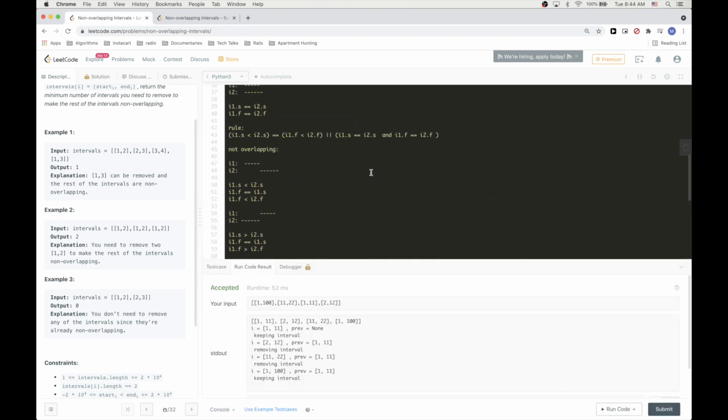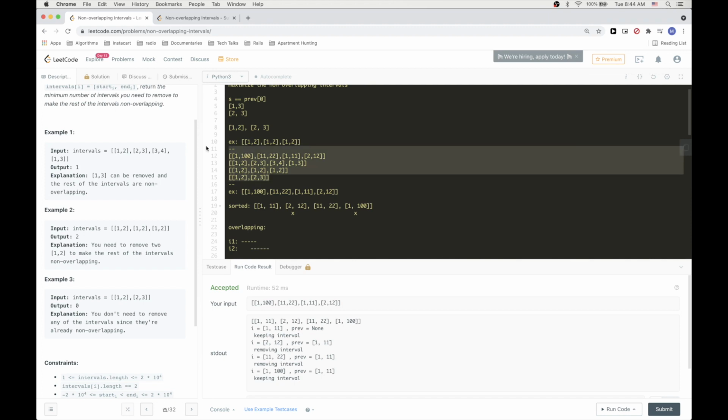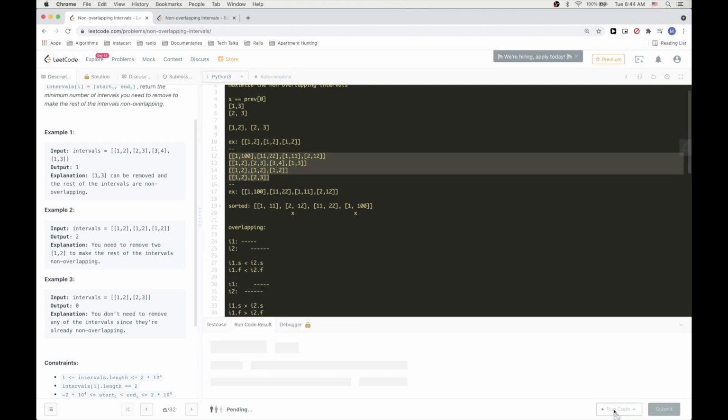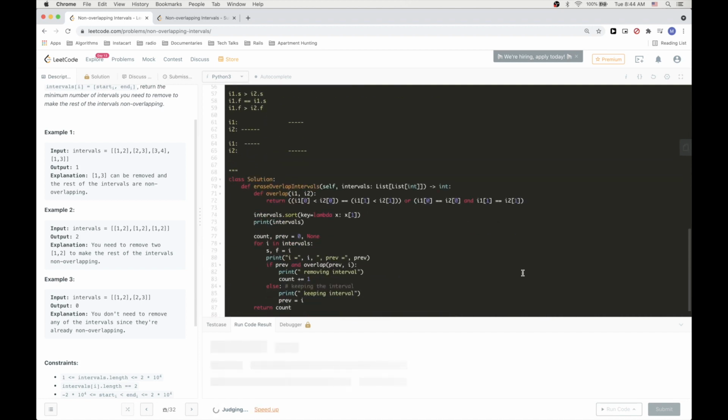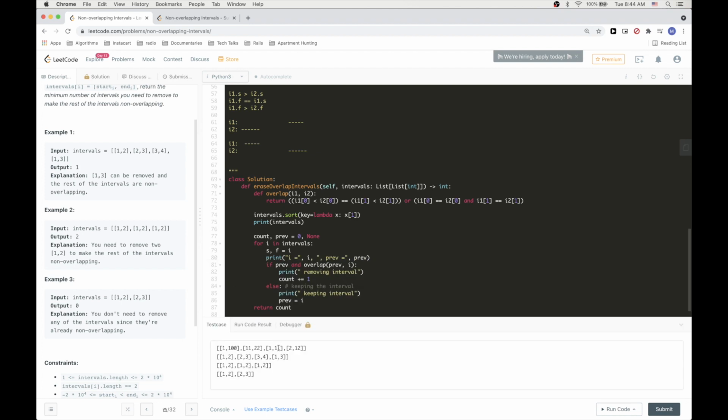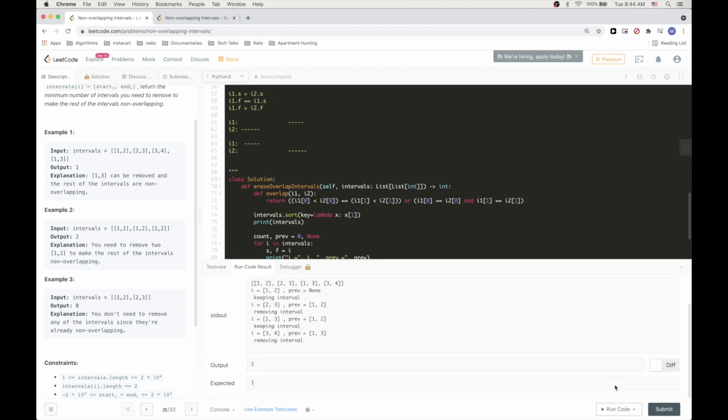Okay, now let's take the use cases here. Okay, it seems like it's still wrong on one of them. The second one, for example, is wrong for some reason. It's saying 2.